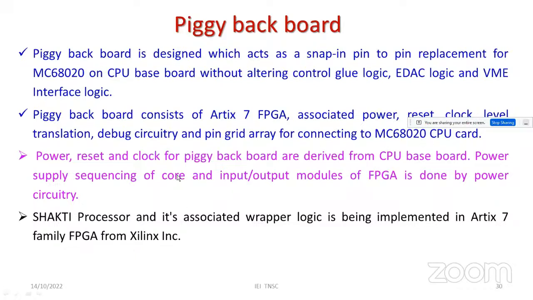Power, reset, and clock for the piggyback board are derived from the CPU baseboard. Power supply sequencing of the core and input-output modules of the FPGA is done by a power sequencer. Its associated wrapper logic is implemented in an Artix-7 family FPGA from Xilinx.